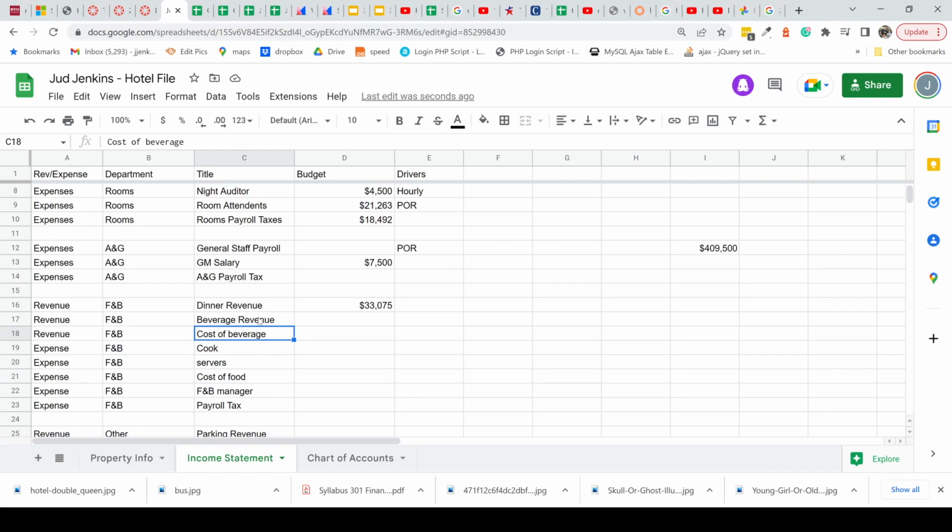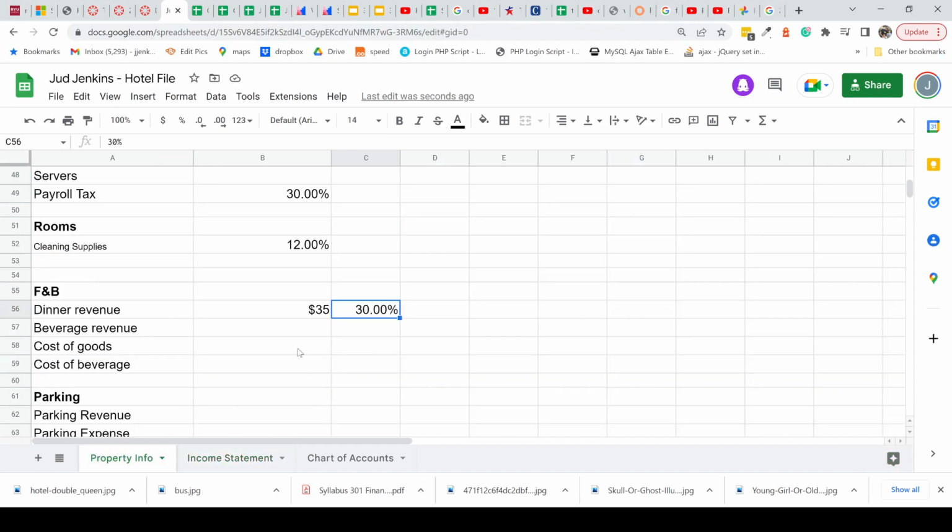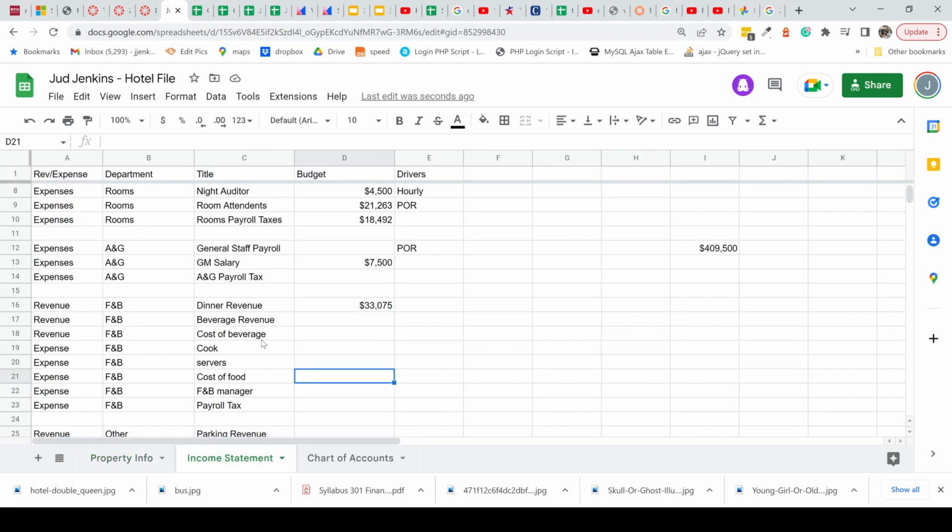So cost of beverage is a percentage of the beverage we sell. So I'm going to do the cost of food. Cost of food over here, or it's called cost of goods. Again, I'm screwing up with my names, but this should be cost of goods.